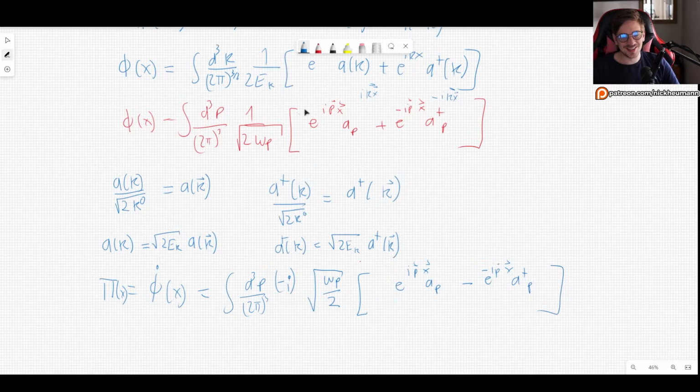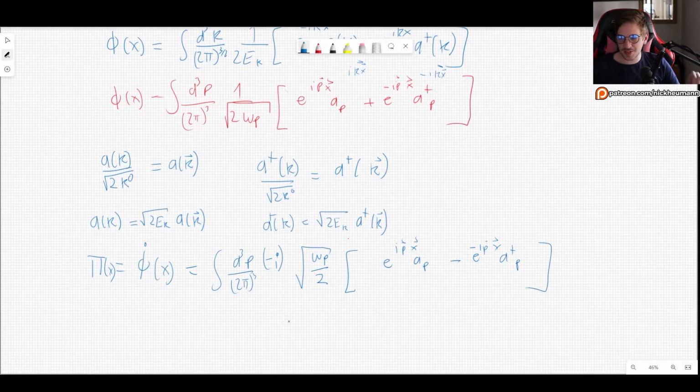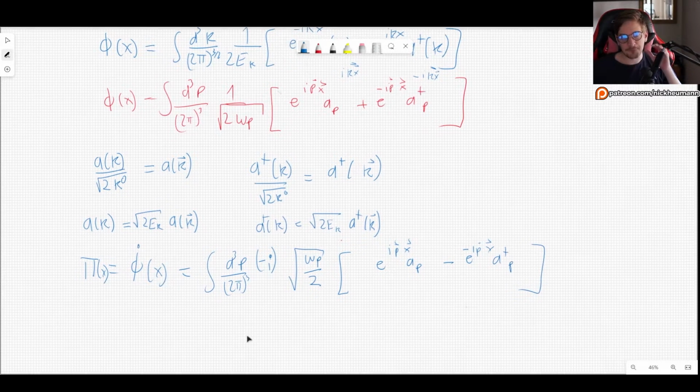Okay, so now that we made the notation match that of Peskin Schroeder's, we can continue because we have found pi and phi, and now we can do a few things. The first thing we could do is go straight for the Hamiltonian, but I think there is some value in taking a quick moment to make the notation a bit cleaner. So we are again going to follow Peskin Schroeder's notation.